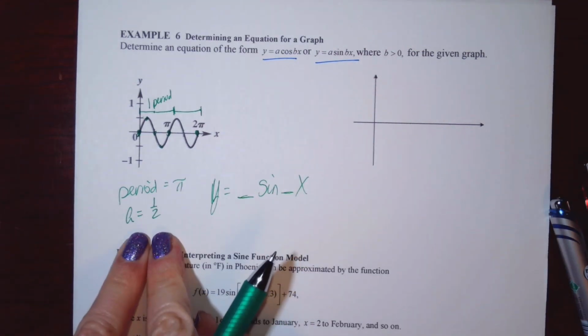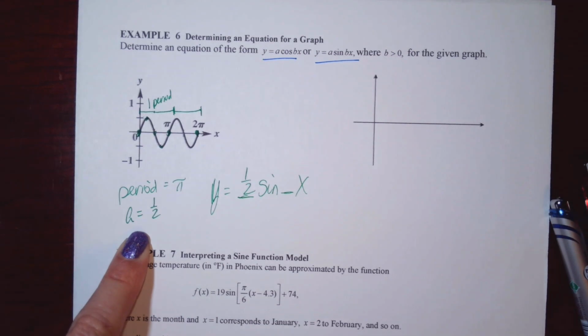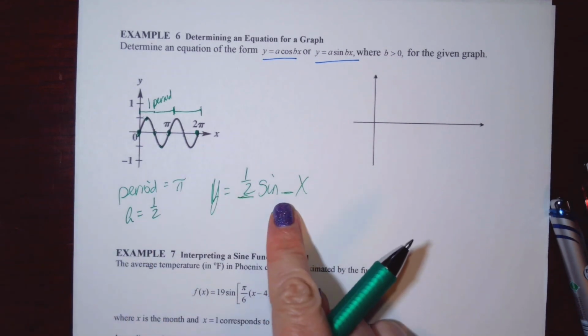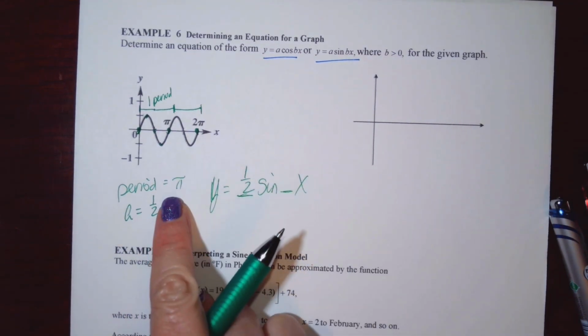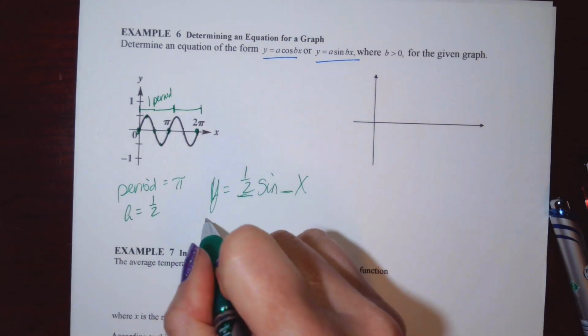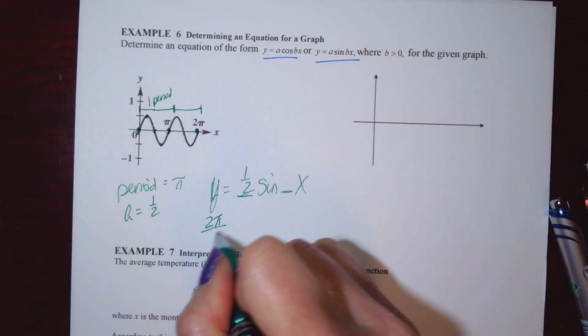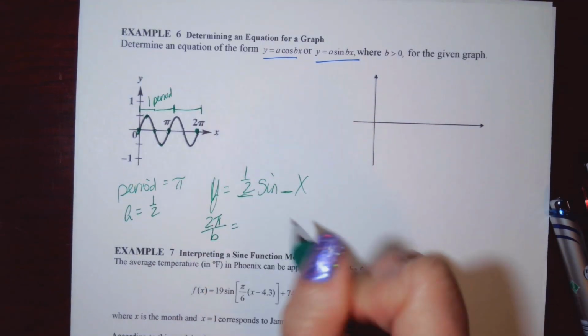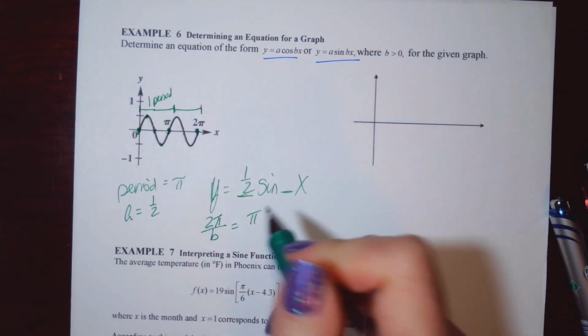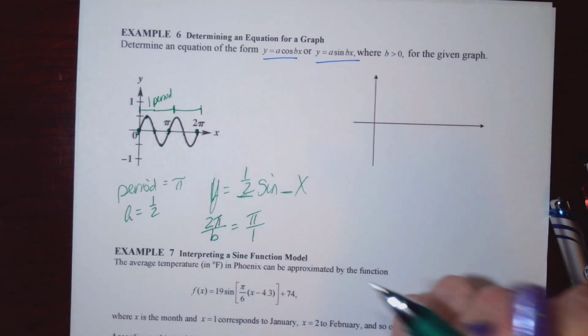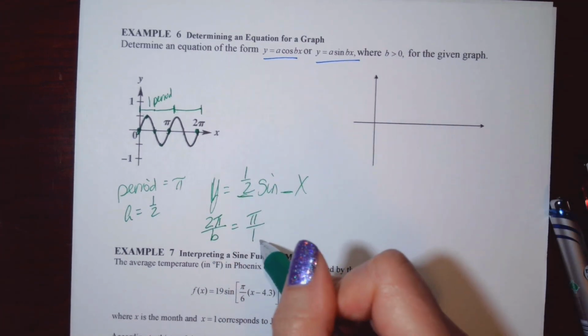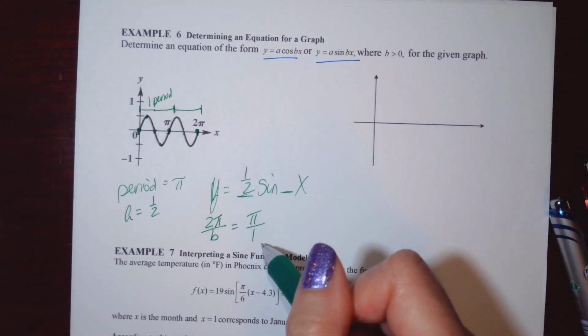Now, we already said our amplitude is 1/2, so we can plug that in. What we need to figure out is what value of b gets me to a period of pi. Mathematically, I know that my period for sine starts as 2 pi over b. I ended up with pi. So I need to figure out what value for b is going to make this true.